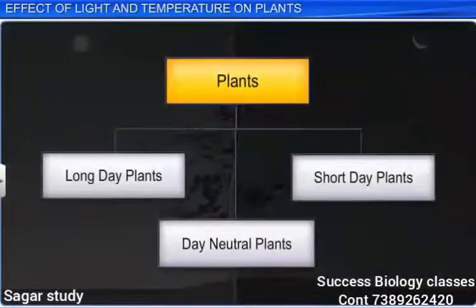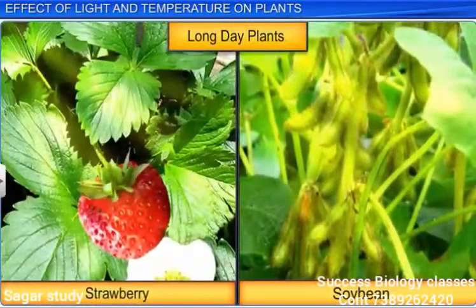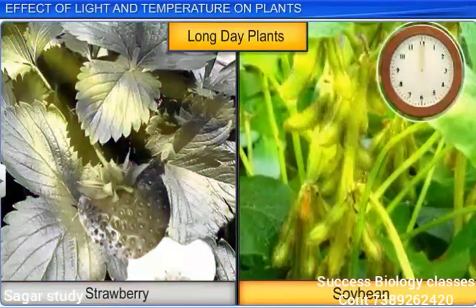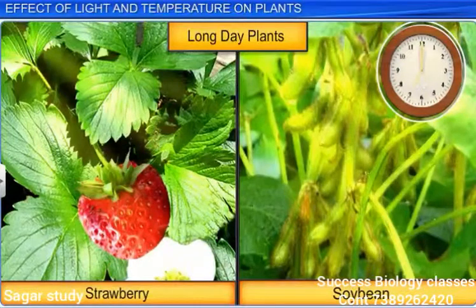Based on their requirement of light, plants are categorized into long day, short day, and day-neutral plants. Long-day plants like strawberry and soybean need to be exposed to more than 12 hours of light to induce flowering.